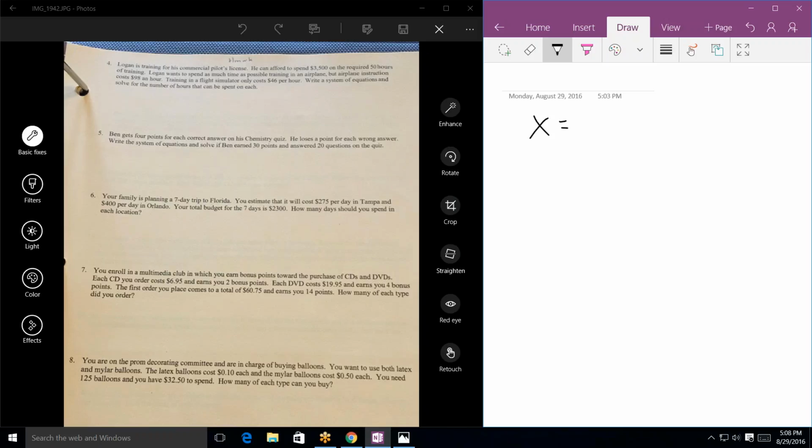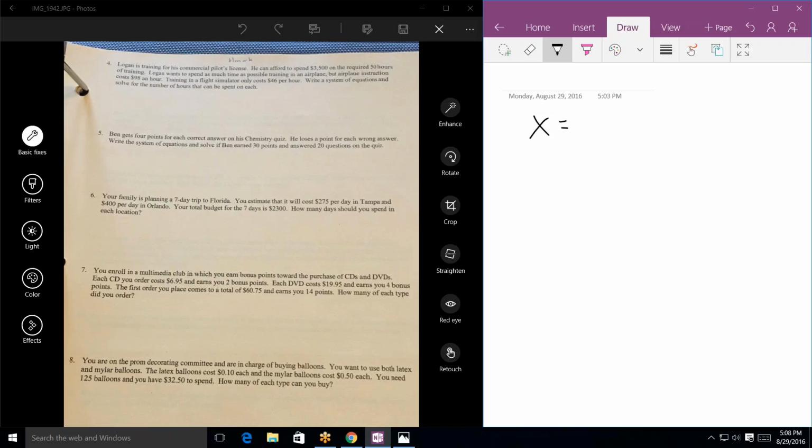X is, read the last sentence. Write a system of equations and solve for the number of hours that can be spent on each. So X should be the number of hours spent on what? Number of hours spent on each program, I guess.